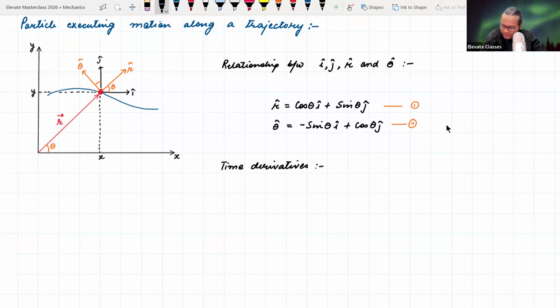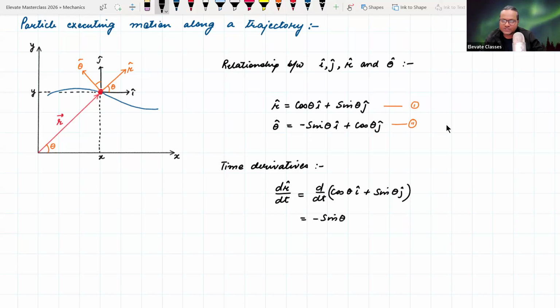So if you look at the time derivatives, dr cap upon dt can be written as d by dt of cos theta I cap plus sin theta j cap. Now what is the derivative of I cap? It is 0, right? So that term is not going to be present.